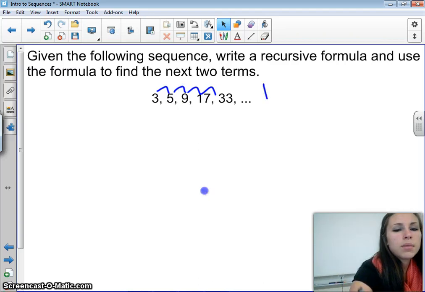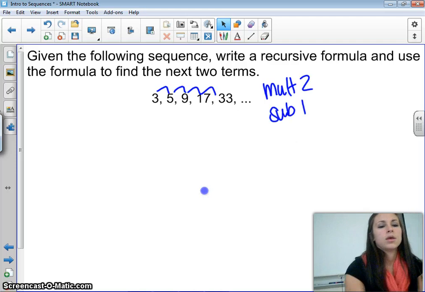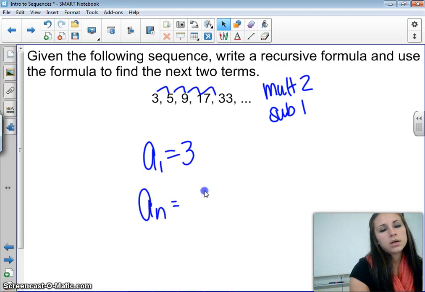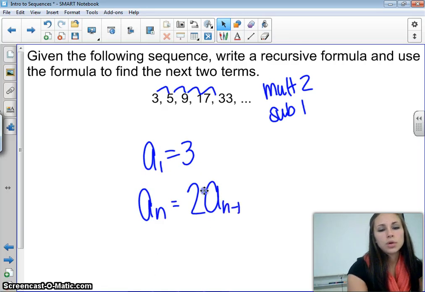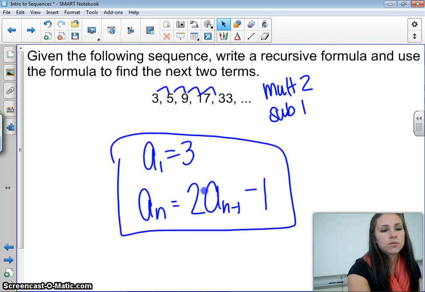So I'm multiplying by 2 and then subtracting 1. So then I would say A1 equals 3, and a_n, I'm multiplying the term before by 2 and then subtracting 1. And then that's going to be my recursive formula.